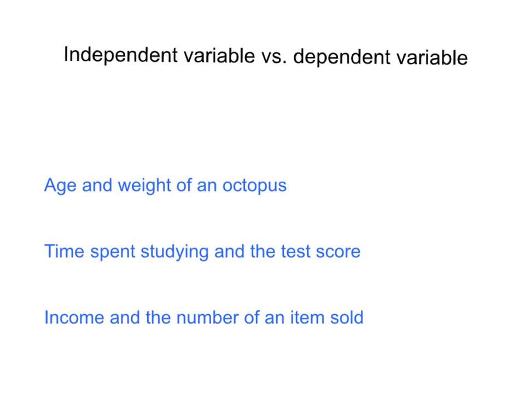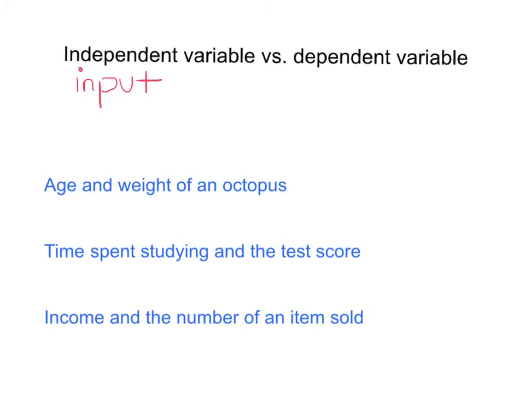There is one set of vocabulary words that becomes very important, and that's independent versus dependent variable. Whenever I start talking about these functions, I have two values: an input and an output. Two other ways of defining that are the independent variable and the dependent variable. The independent variable is my input, because I can plug in whatever I would like for it.